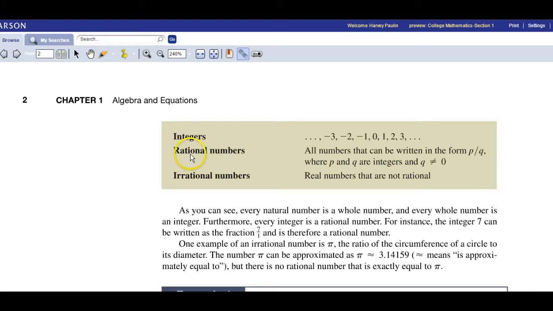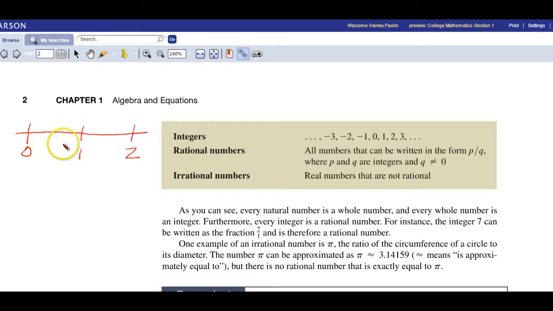Then the next major set is rational numbers. Now, I often describe this for students by saying if you take a piece of the number line here. So there's 0, there's 1, there's 2.